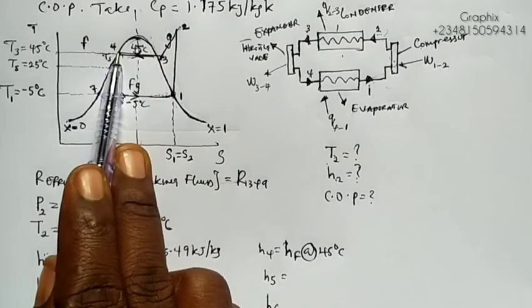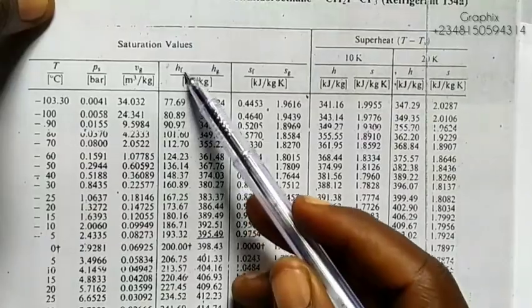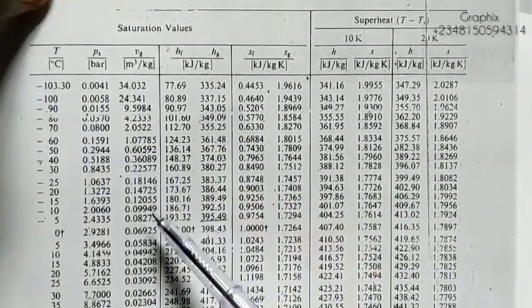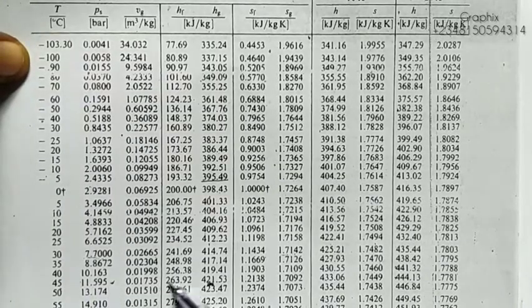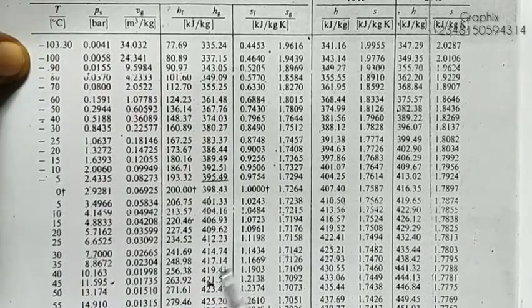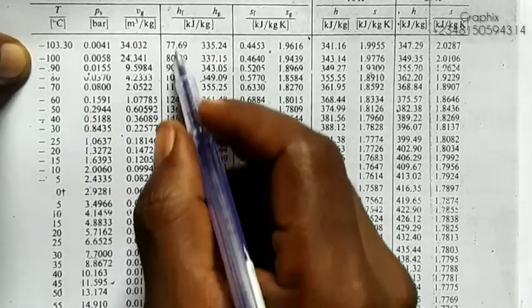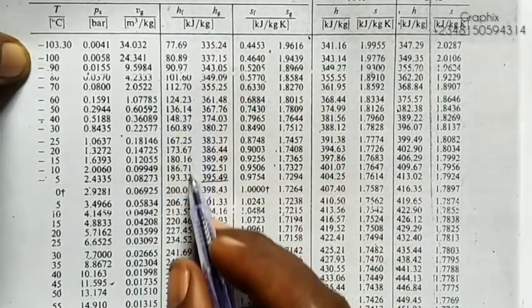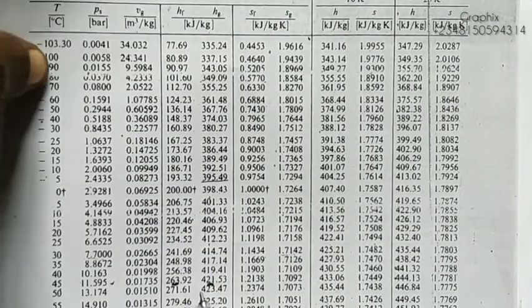It falls at the left hand side. If you check your steam table, look at the Hf column, and this is temperature, you go to 45, and this 45 here, right? So you look for Hf. If you trace it up, the Hf column at 45 gives 263.92.